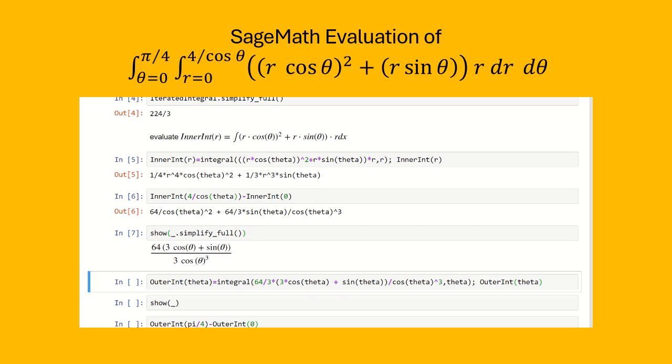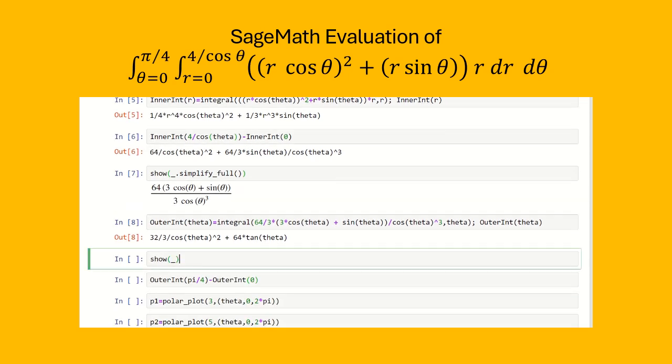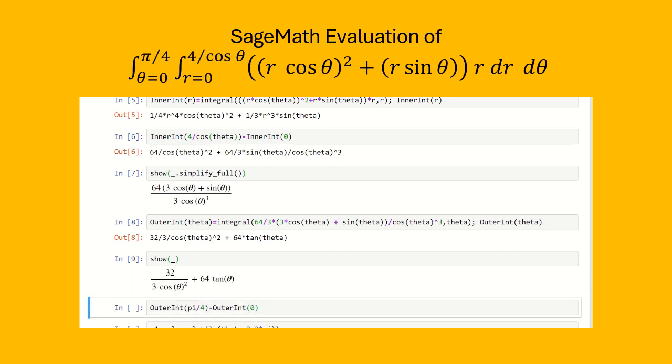Now we need to evaluate this by integrating it from theta equals 0 to, I believe it was, pi over 4. So first of all, let's calculate the outer integral as a function of theta. We'll execute that, and we can also show that in a more mathematical form. We get that the outer integral, as an antiderivative of the inner integral, is 32 over 3 cosine of theta, quantity squared, plus 64 times tangent of theta.